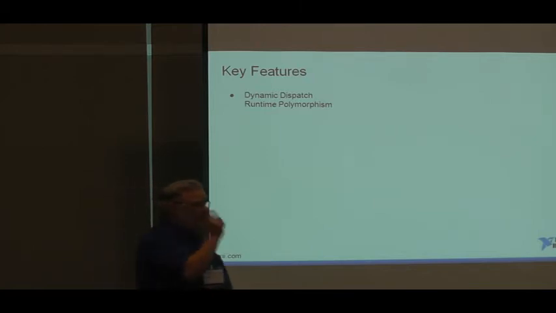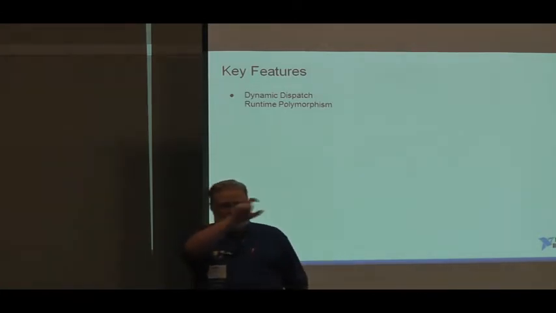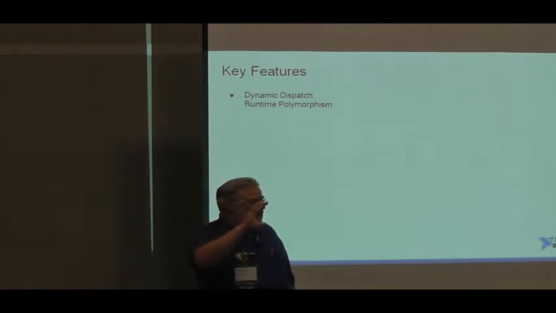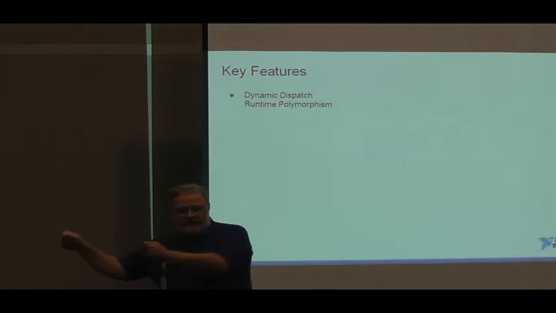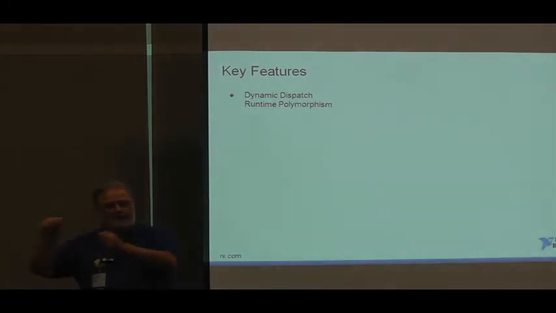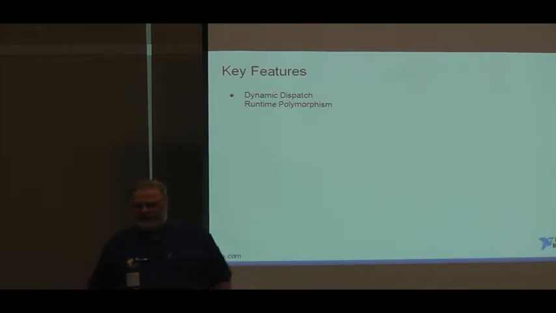With a normal polymorphic VI, as soon as you wire up an array of U32s to that add function, LabVIEW decides, all right, I got an array of U32s. That tells me which specific adder I need to call under the covers to do this add.